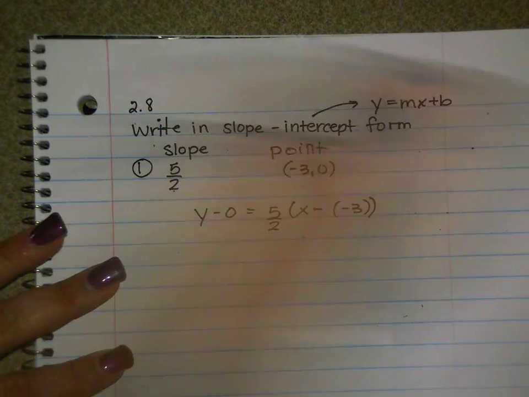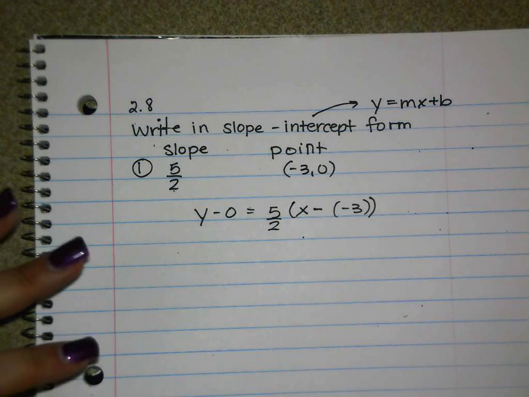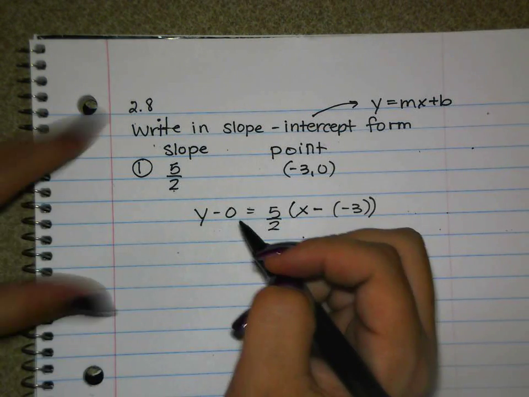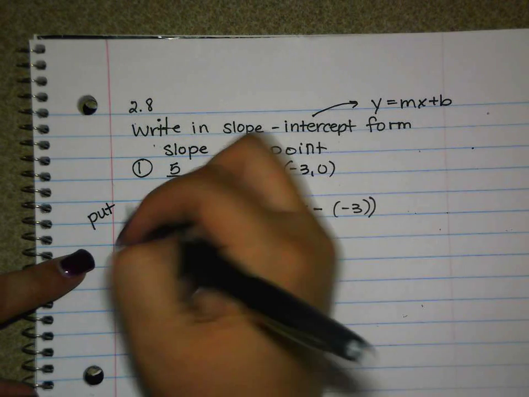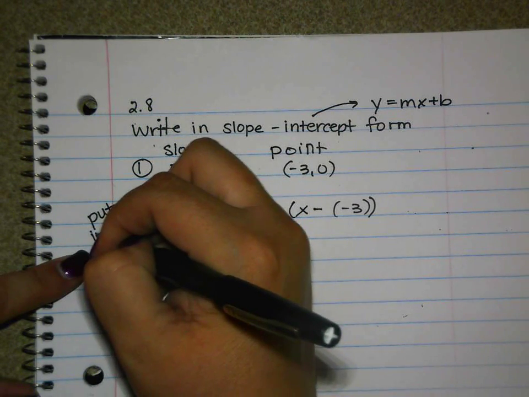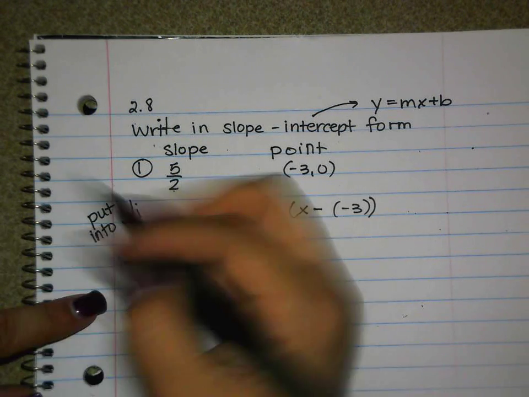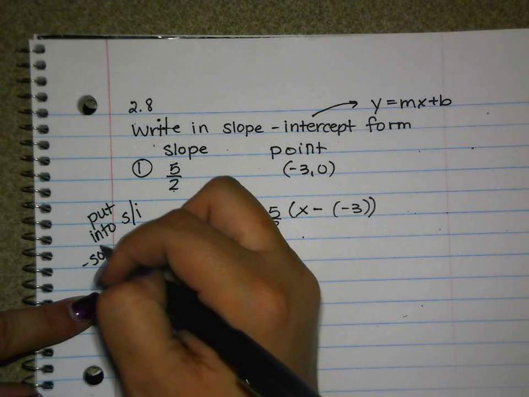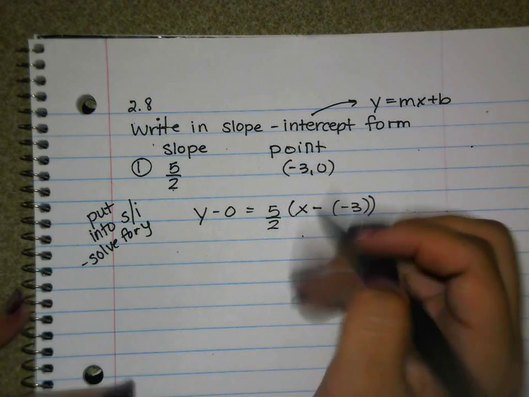One of the most important algebraic formulas you're going to need to memorize, y equals mx plus b. Okay, so in order to go from point slope into slope-intercept, I'm just going to put SI, slope-intercept, we're going to solve for y.